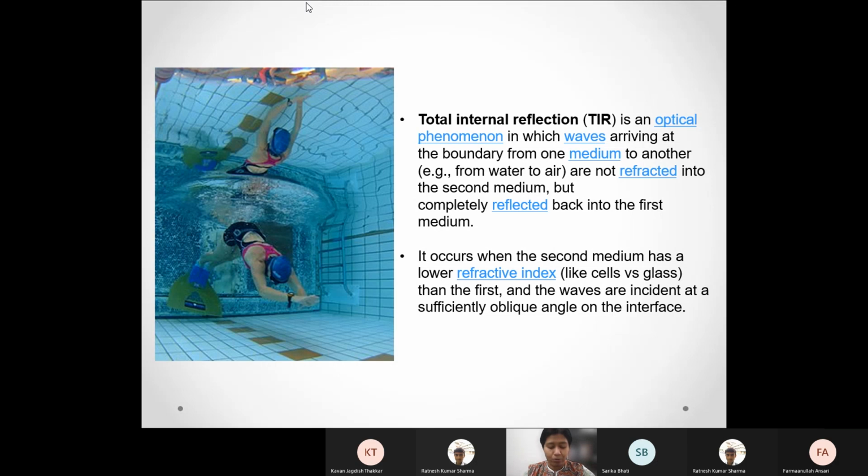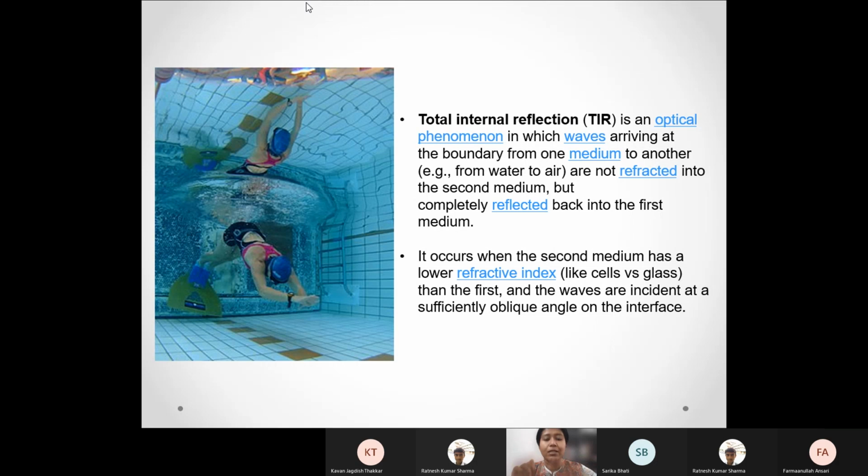So I will repeat this once more. You have a total internal reflection phenomenon occurring, so whatever incident light you're sending is going back into the same medium. But at the point where it hits the boundary between the glass and air, you have an evanescent wave generated. The property of this evanescent wave is that it decays exponentially as you move into the second medium, the lower refractive index medium.